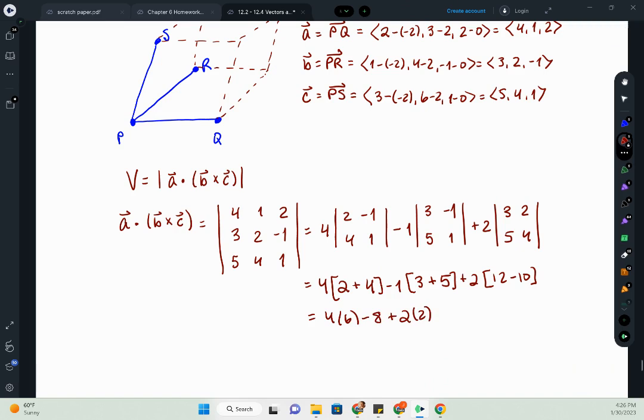So it's 24 minus 8 is 16 plus 4 is 20. So the volume is equal to the magnitude of 20, which is just 20. That's our volume. So the only difference between this one and the previous one is we had to create our vectors first. After that, it's the same problem.